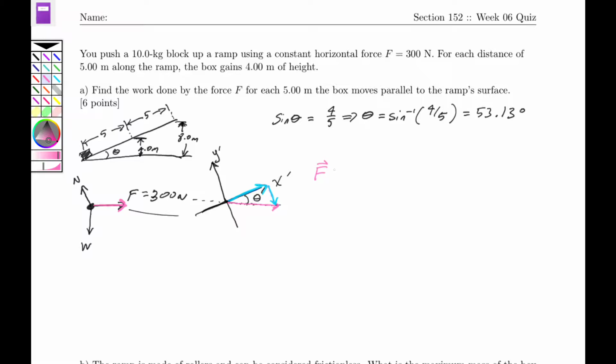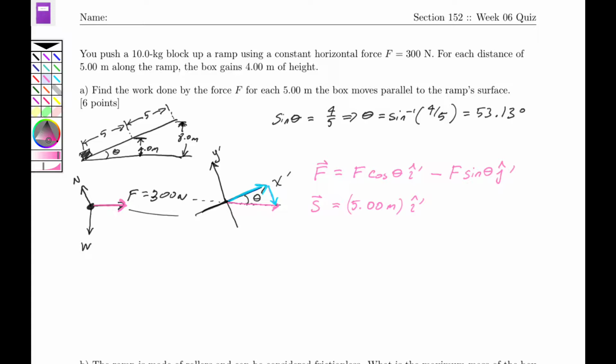The vector F is going to be the magnitude of F times cosine theta in the i hat prime direction, I use primes because we're talking about the rotated coordinate system, minus the magnitude of F sine theta j hat prime. The displacement is only 5 meters in the x prime direction.